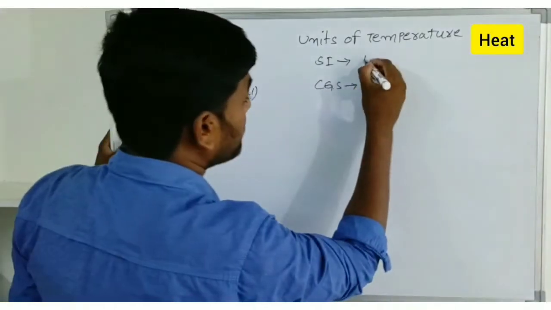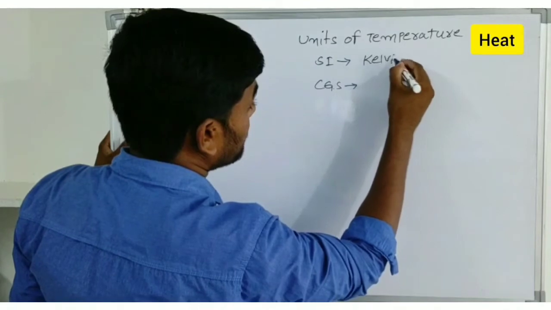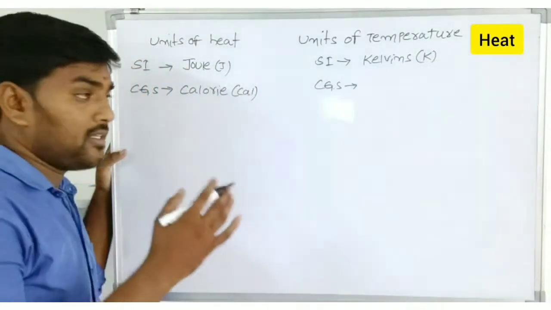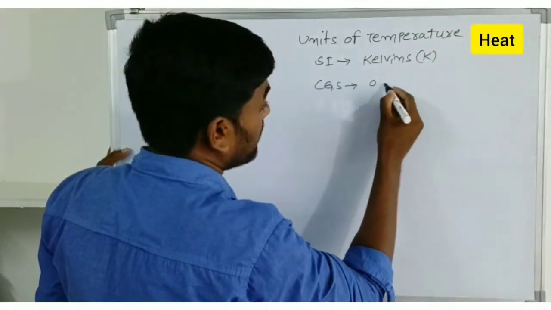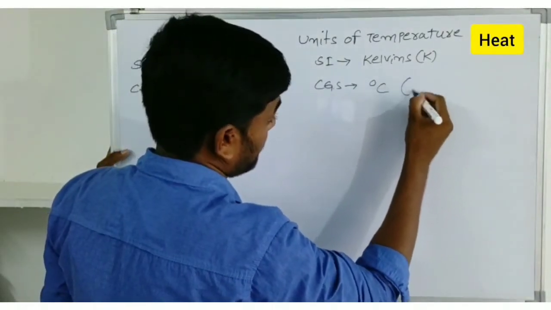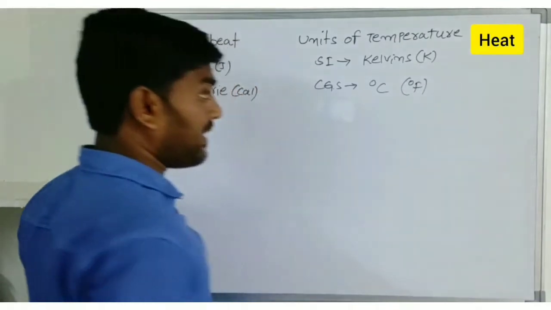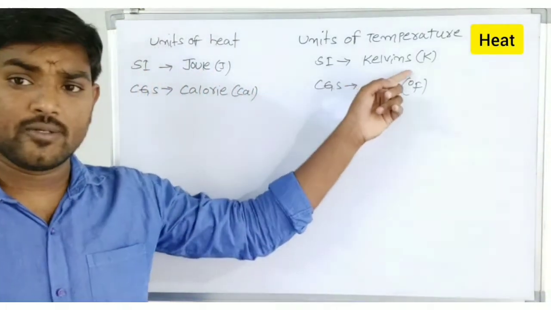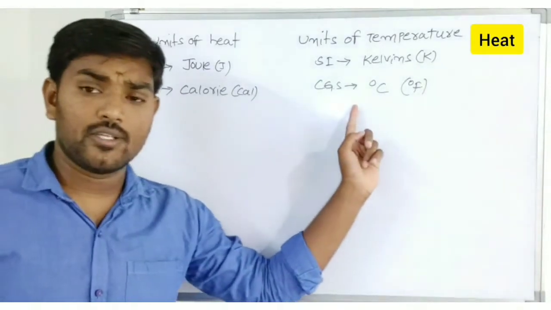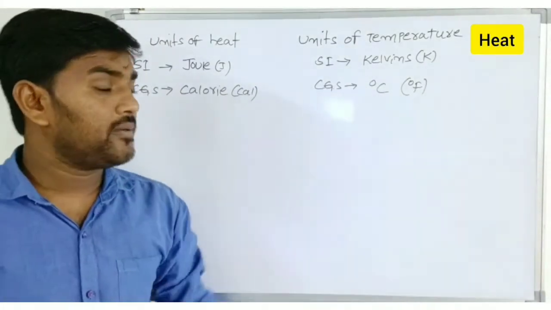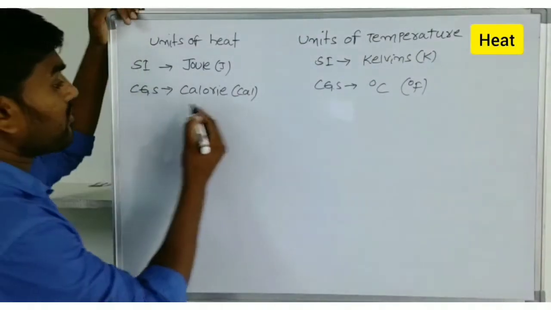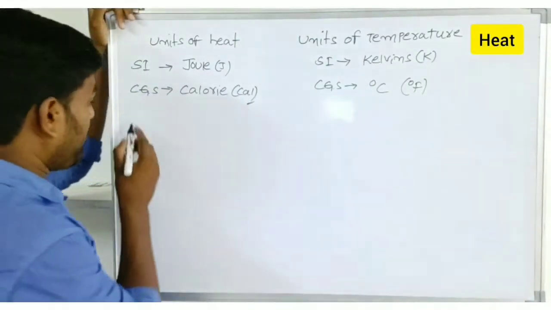SI unit is kelvin, denoted by K. CGS units are degree centigrade and degree Fahrenheit. Units of temperature: SI unit kelvin, CGS units degree centigrade and degree Fahrenheit. So what is calorie?